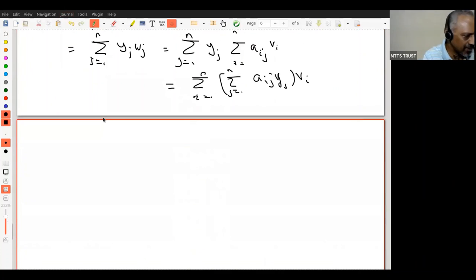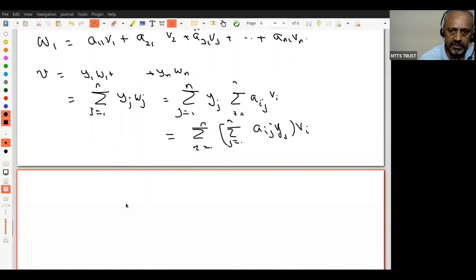So let us look at the simplest case. Let me write it with 3 elements.